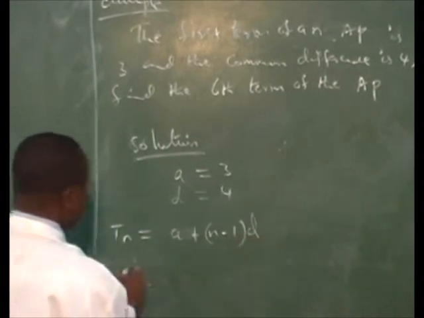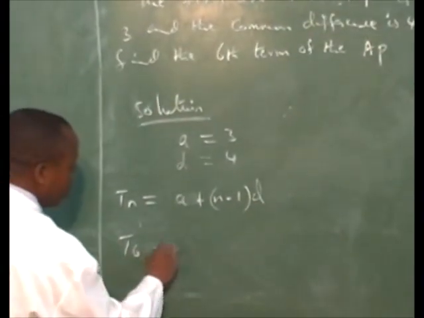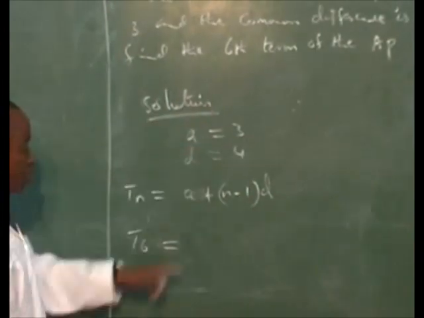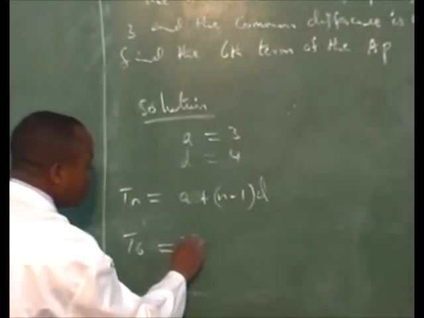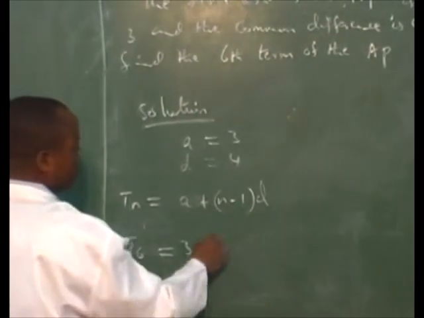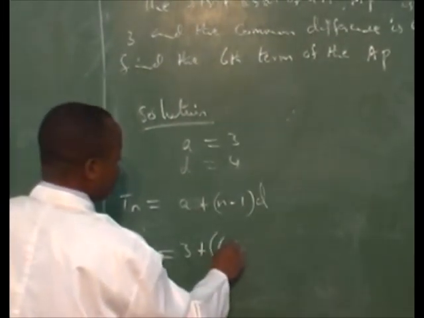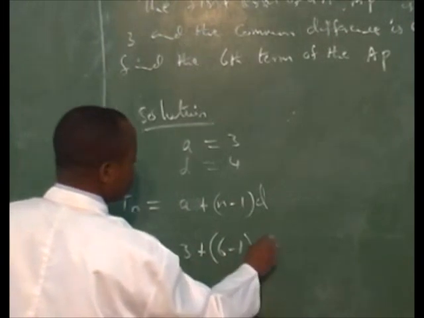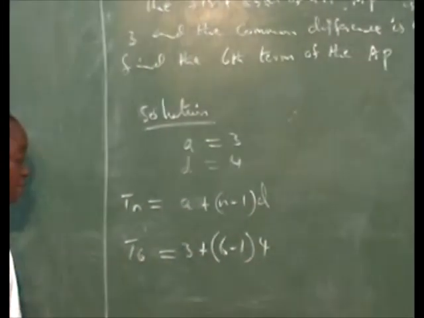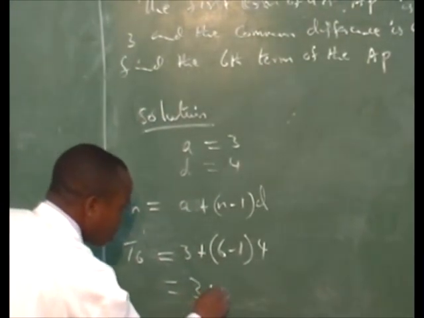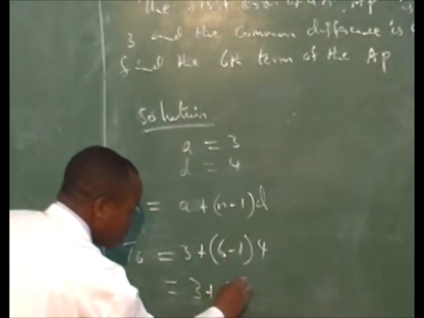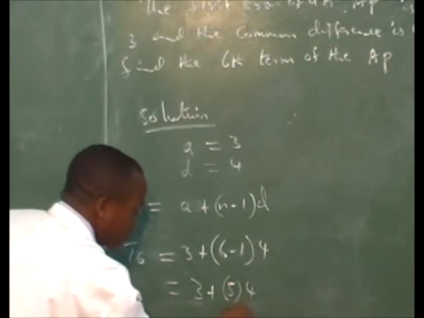Let me write this again, so that T6 will be what? T6, that is the sixth term, will be A, and A here is 3, plus 6 minus 1, times D. D is 4. You see, we have 3 plus 6 minus 1 is 5, then times 4.